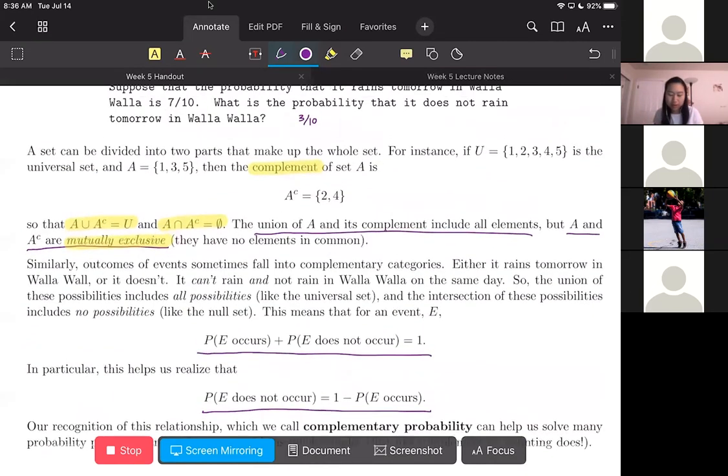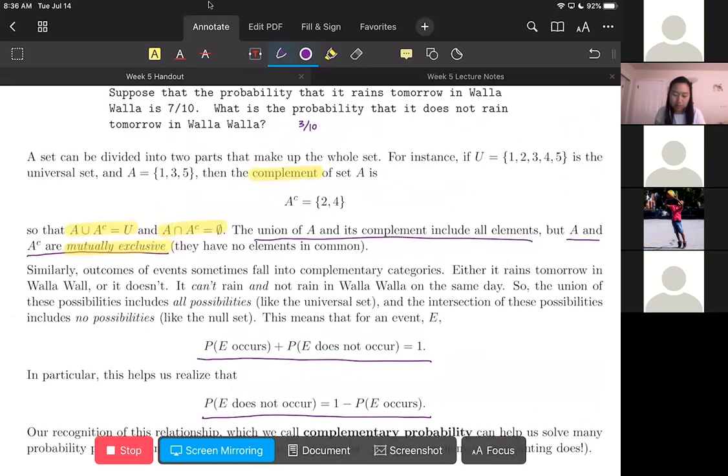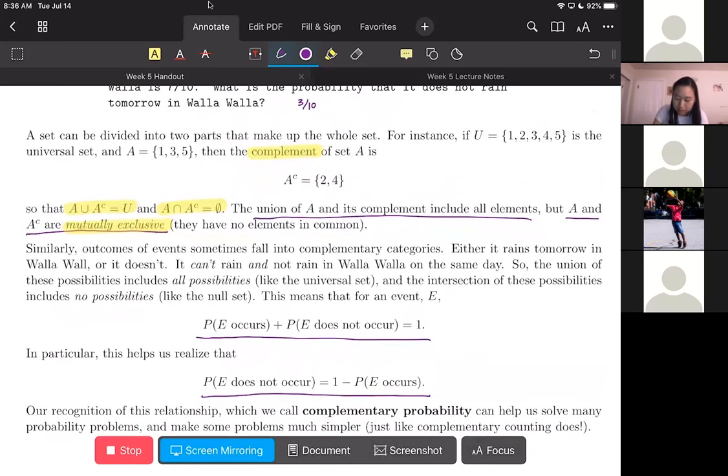So if we go back to this example of rain in Walla Walla, let's say E is the event where it rains. Then the probability that E occurs, they said, is 7/10.